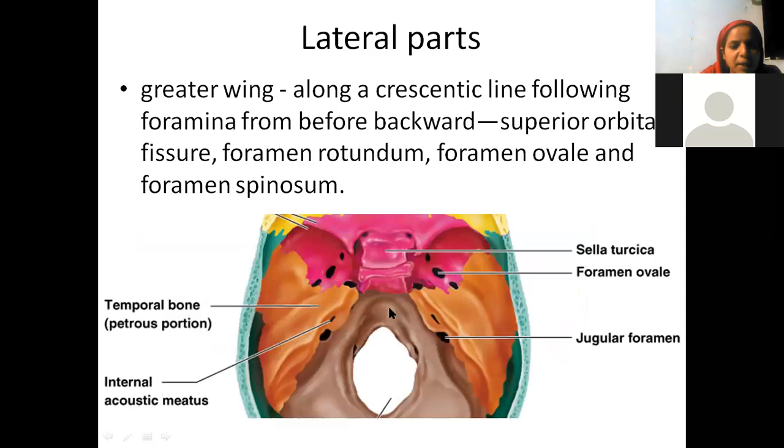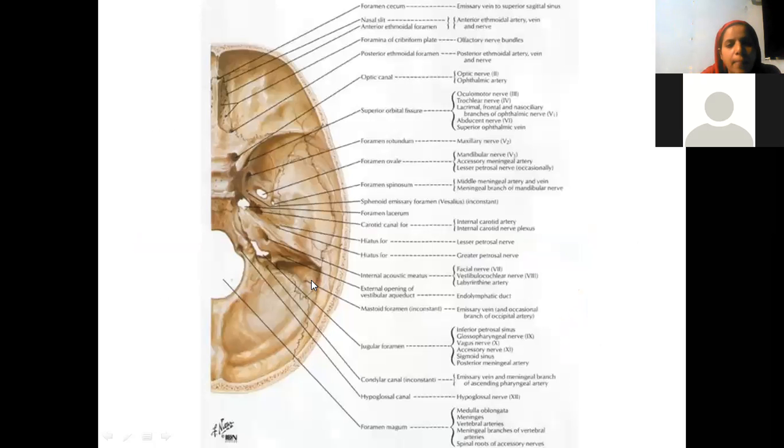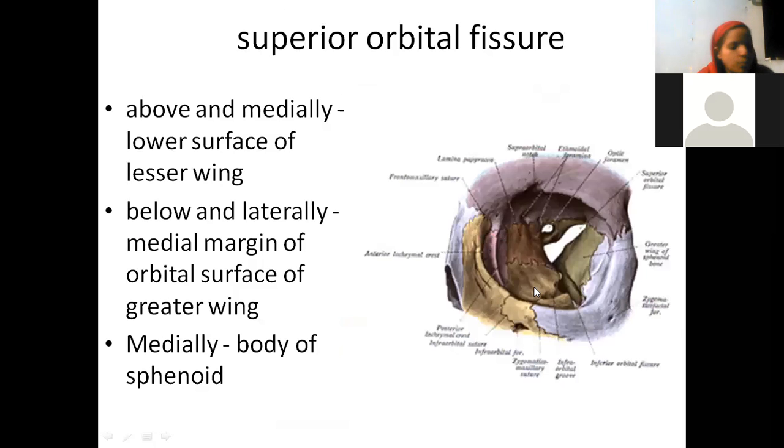Now on the lateral parts of this middle cranial fossa, you find the greater wing of the sphenoid bone and the temporal bone. You find the superior orbital fissure, foramen rotundum, ovale, and spinosum, these foramina. The superior orbital fissure you can see through the orbit also.